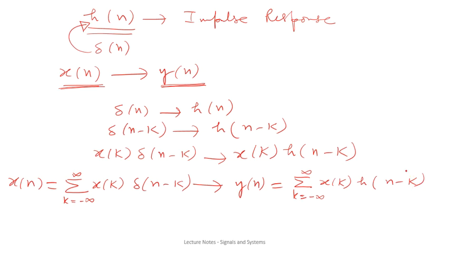You can see from here that we have obtained the system output y[n] to any arbitrary input x[n] in terms of the unit impulse response h[n].